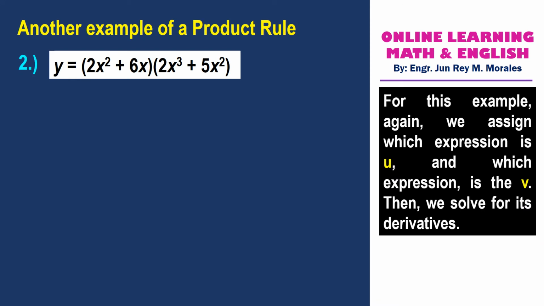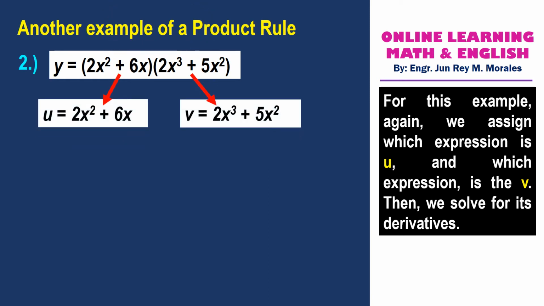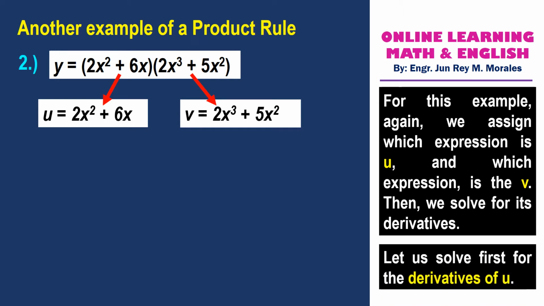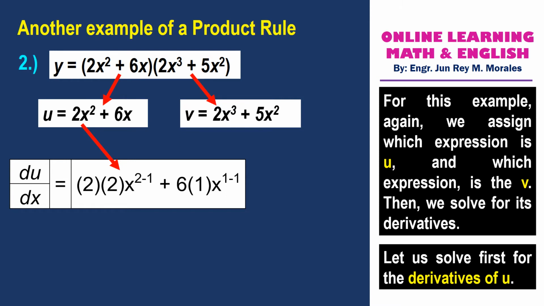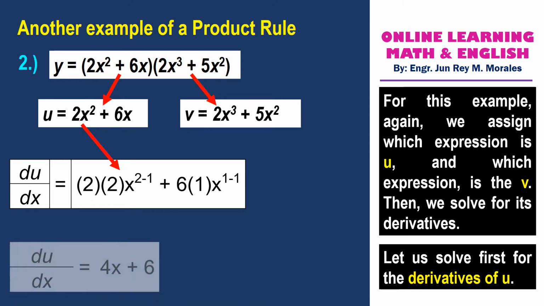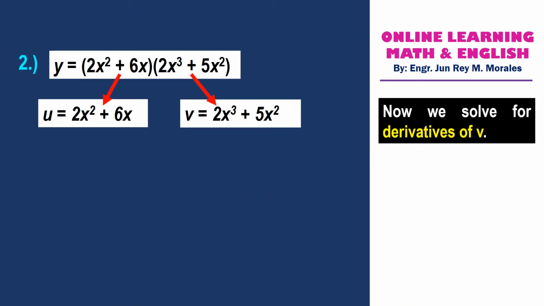For this example, again, we assign which expression is u and which expression is the v. Then, we solve for its derivatives. Let us solve first for the derivative of u. Now we solve for the derivative of v.